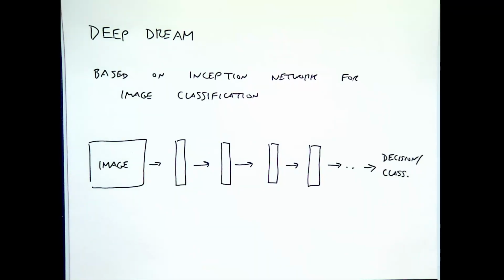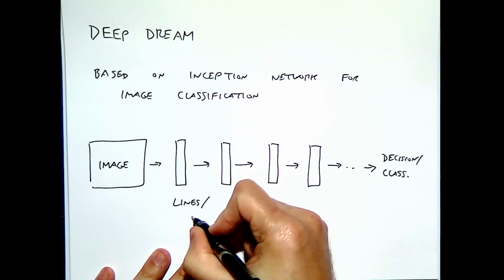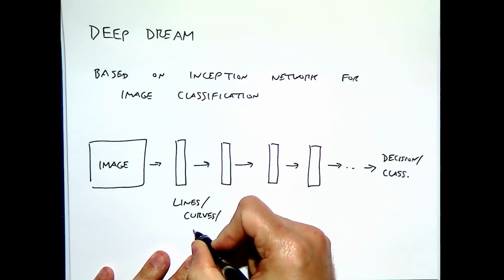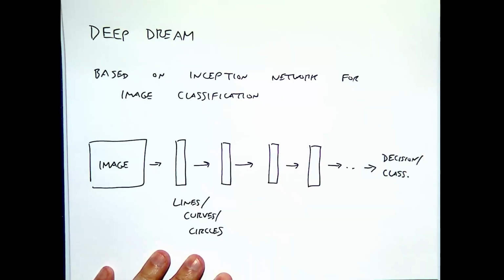The general idea behind a deep network is that at the lower layers I'm picking up low-level features, right? So maybe the earliest parts of the network are picking up on old school image processing features, lines at different angles and blobs and circles and stuff like that.